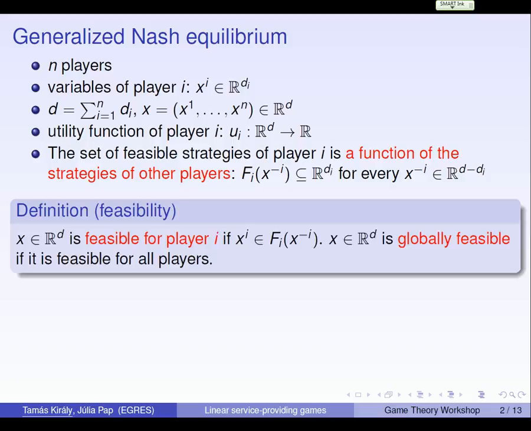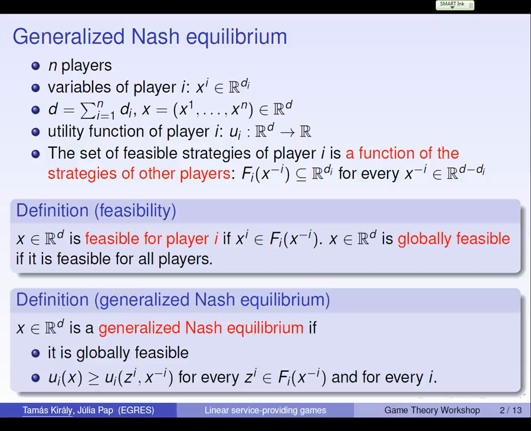So a solution is feasible for player I if, given the strategies of the other players, the vector of player I is in this feasible set. And it's globally feasible if it's feasible for every player.